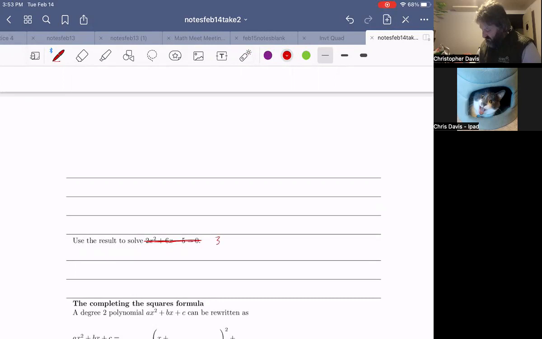How about 3x squared plus 4x plus 5? Let's think about that quadratic function. So let's apply completing the square. So 3x squared plus 4x plus 5.